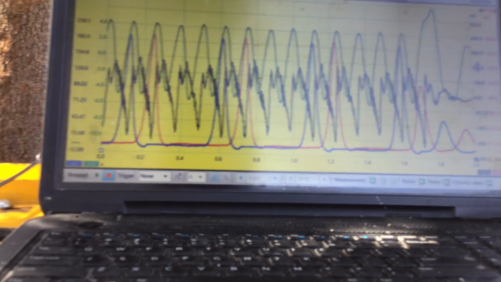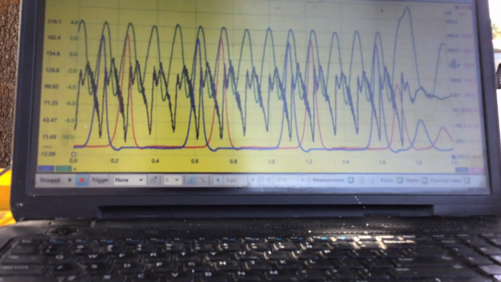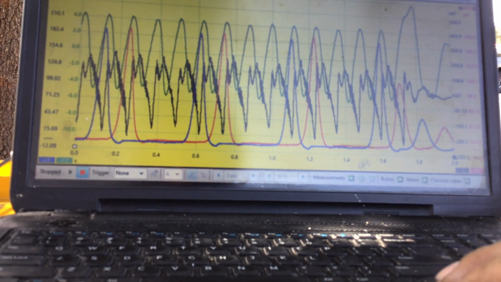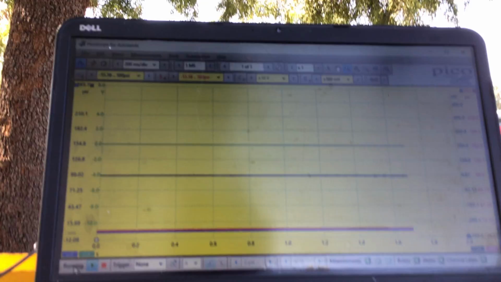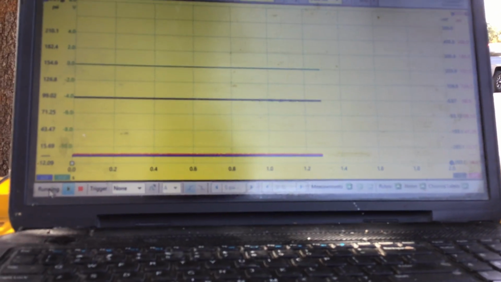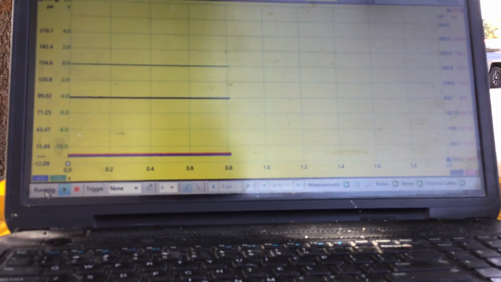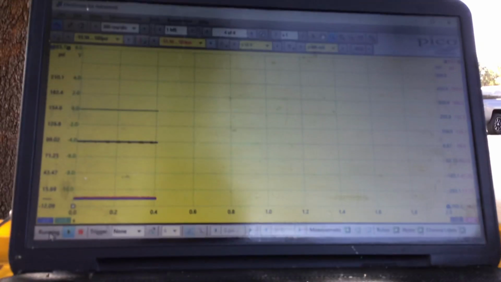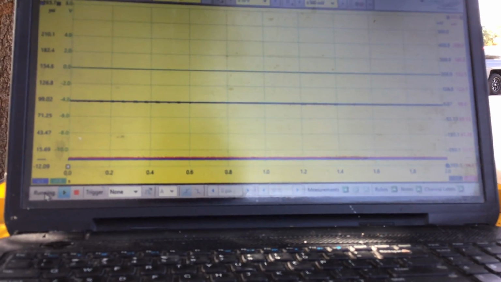We're going to the scope, and we will get the scope running. I will start the scope, and this is a normal situation. This is before I do any misadjustments on the valves, and we will analyze and take a look at what it looks like.